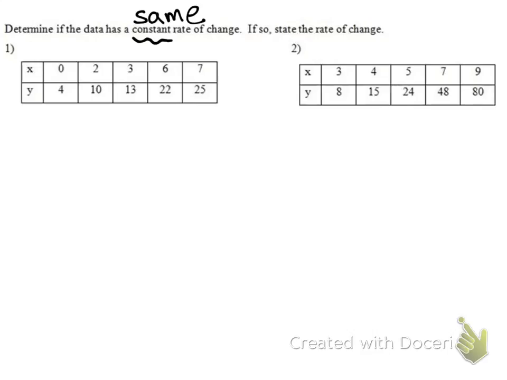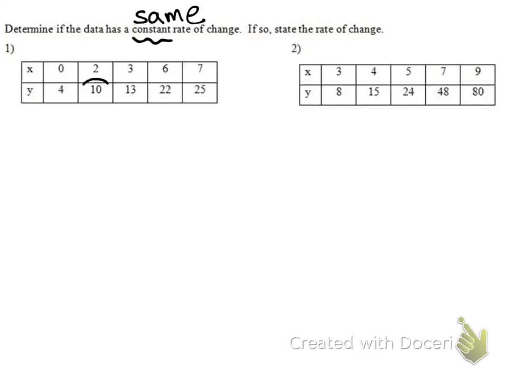If the rate of change is the same the whole time, we're going to say yes, and then tell what that rate of change is. If you find that the rate of change is not the same, then you can simply put no and move on to the next problem, okay? Remember, rate of change is the change in the y values on top of the change in the x values.